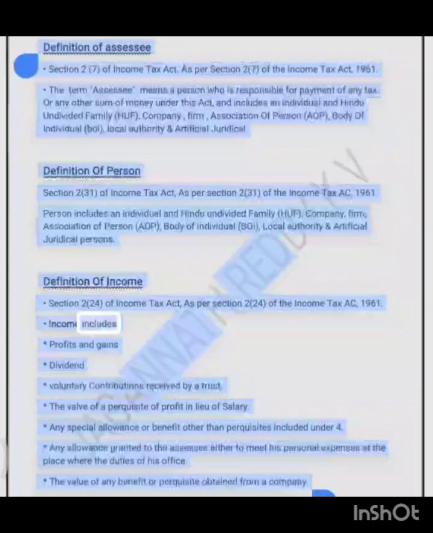Income includes profits and gains, dividend, voluntary contributions received by a trust, the value of a perquisite or profit in lieu of salary, any special allowance or benefit other than perquisites, any allowance granted to the assessee to meet his personal expenses at the place where the duties of his office are performed, and the value of any benefit or perquisite obtained from a company.